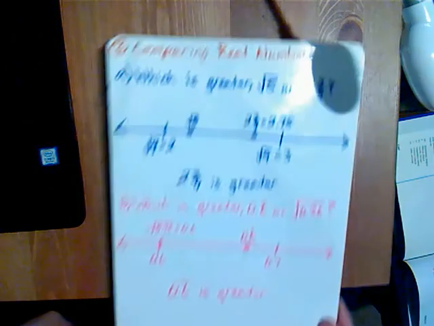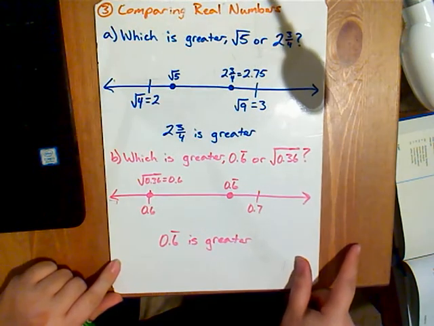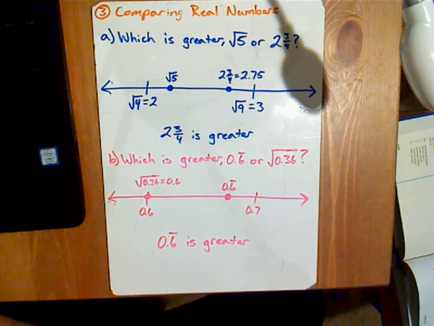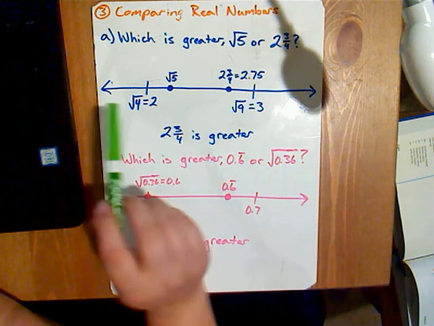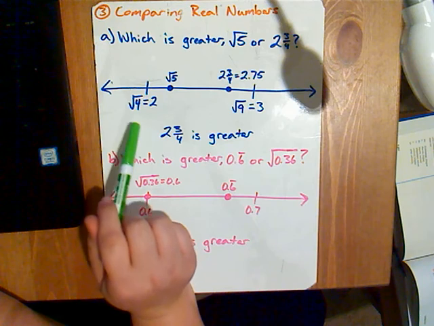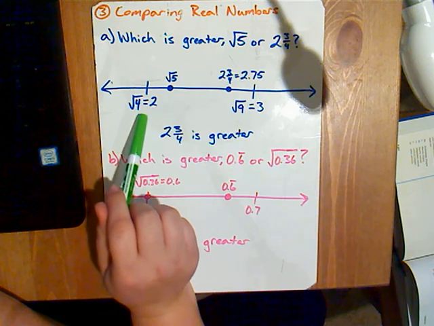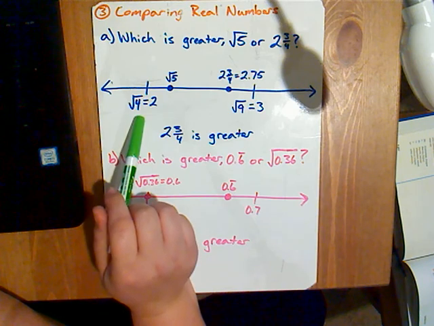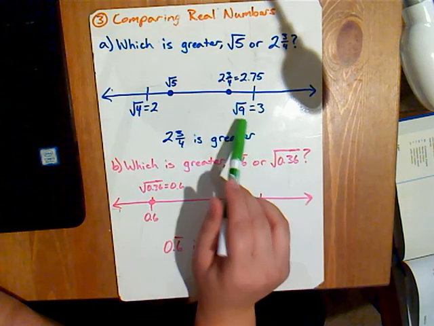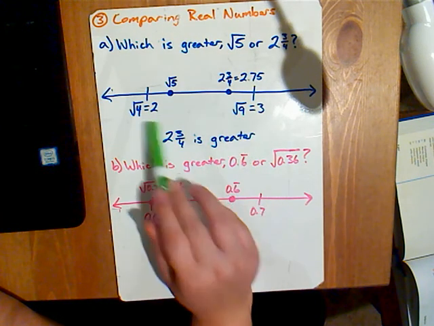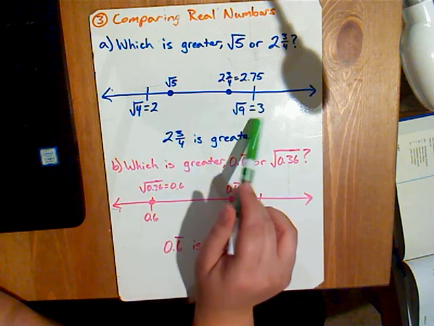All right, the next thing that we're going to look at is comparing real numbers. So A wants to know which is greater, the square root of 5 or 2 3/4. So we have our number line, and our number line has the perfect squares of the square root of 4 and then the square root of 9. So we've got 2 and 3.